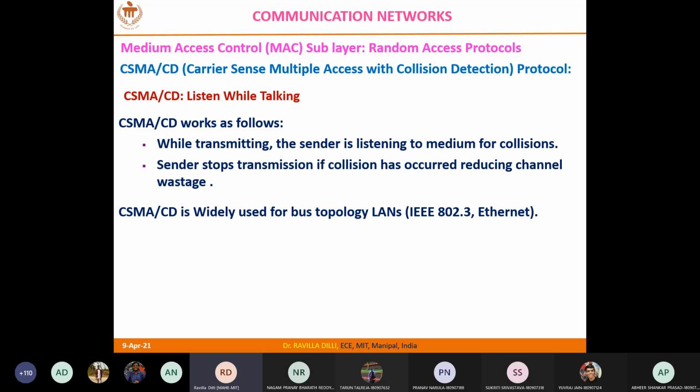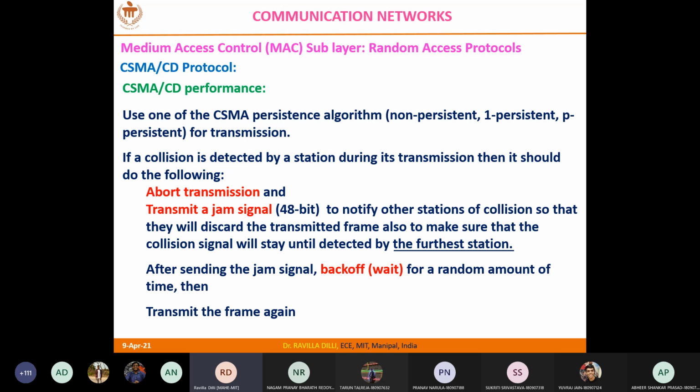Once we realize our frame is getting collided with others' frames, there is no point in continuing my frame transmission. I can stop immediately because it is not going to help my receiver; my friend is not going to make use of my frame because it is already damaged by the collision. The clever idea is to stop transmitting frame bits.